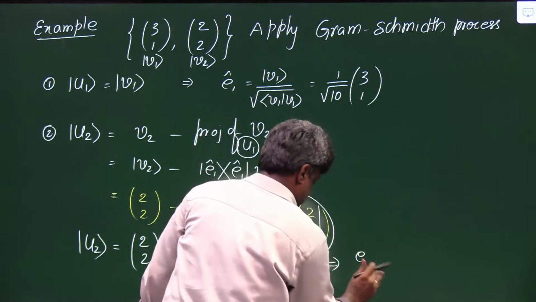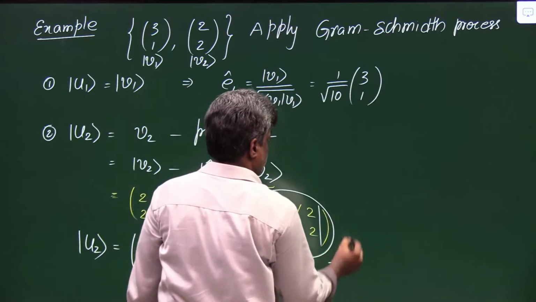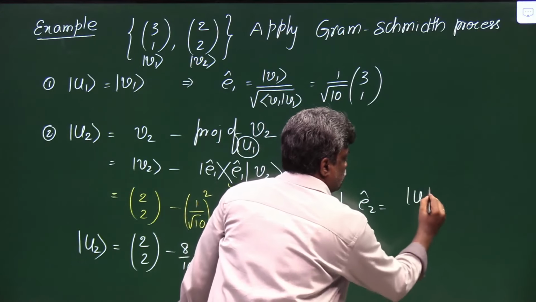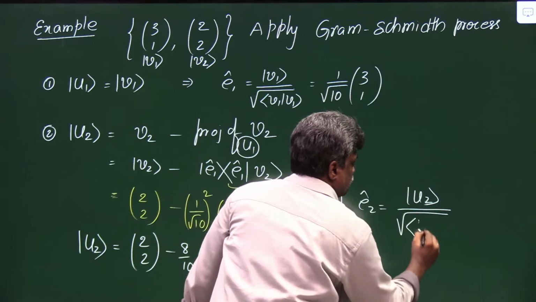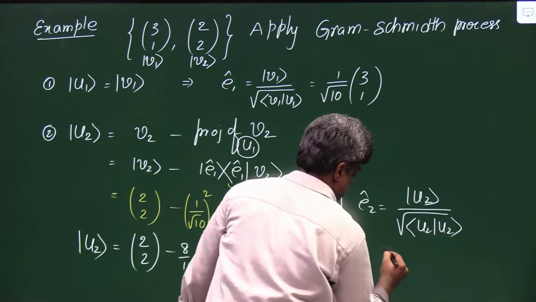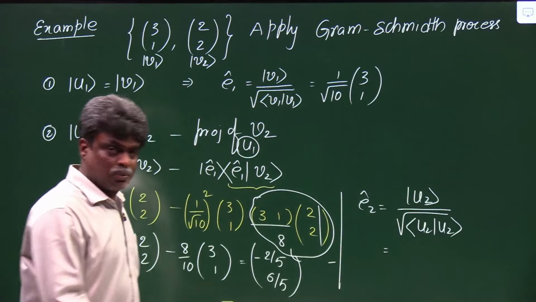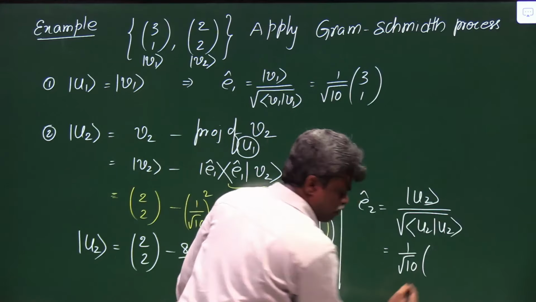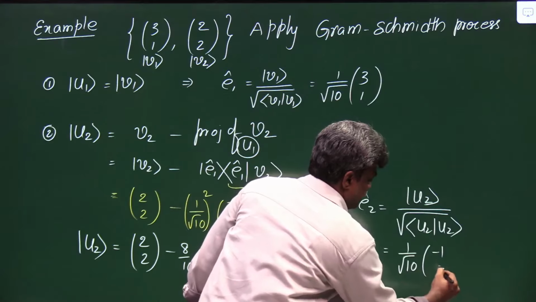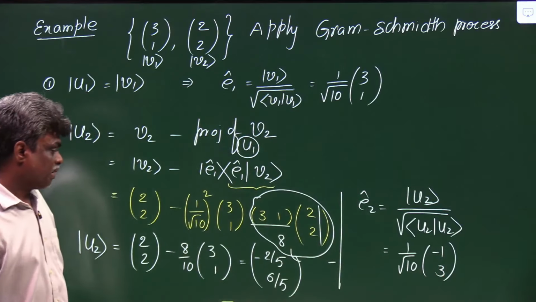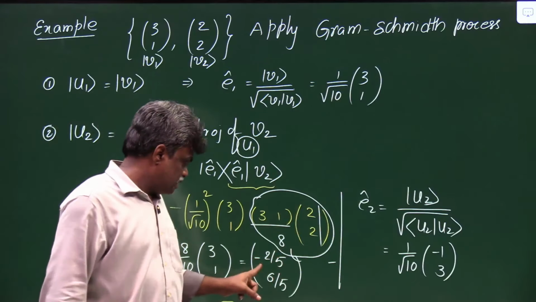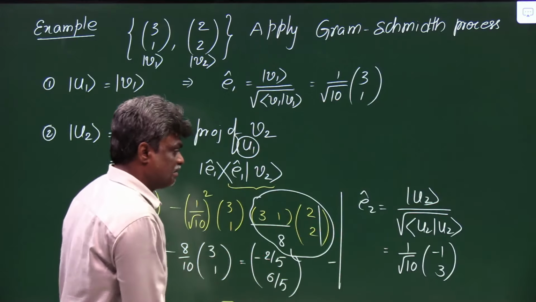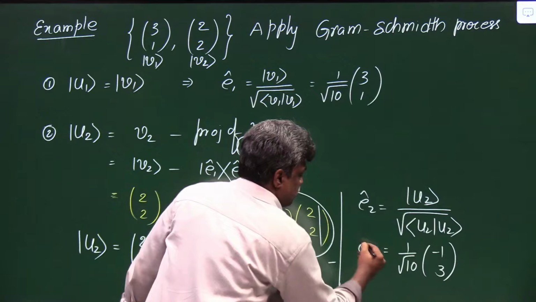You just find this e2 cap yourself, and this e2 cap equals u2 by under root of this inner product. And I think this answer is 1 over root 10 times (minus 1, 3). You just find it. Just take this same thing divided by under root a square plus b square. Please do it yourself, and this is your final answer.